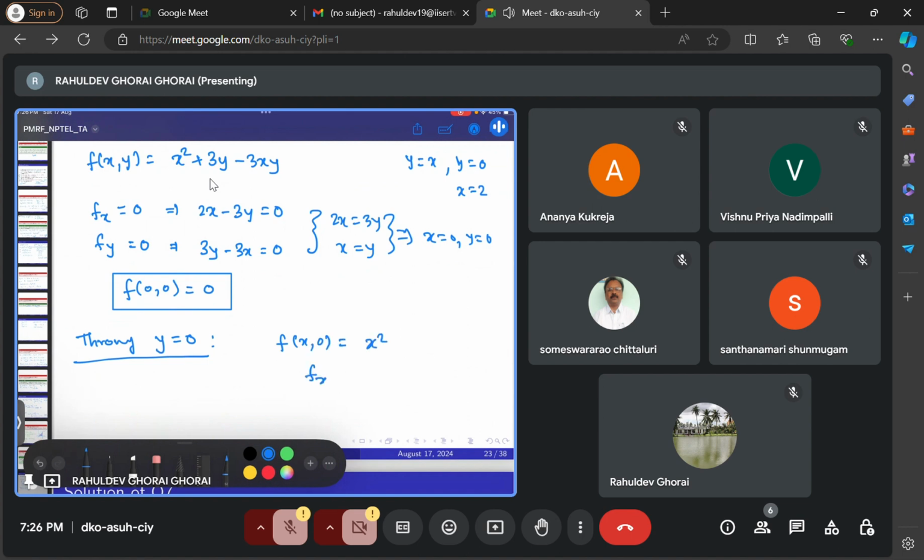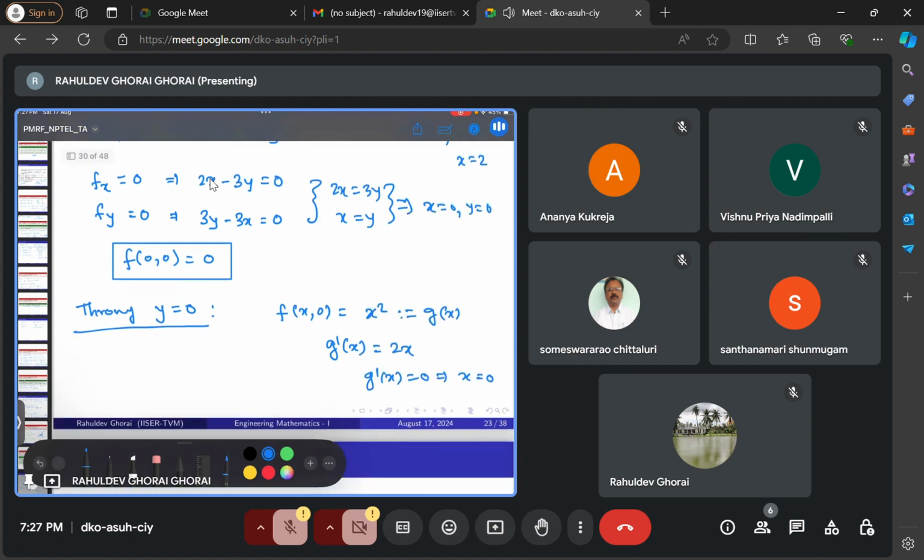You can think of this as g(x), a one variable function. Now g dash x will be 2x, and for maxima or minima you make g dash x equal to 0, which implies x equal to 0. So through y equal to 0, the only point where it can have maxima is x equal to 0, which is again the (0,0) point.